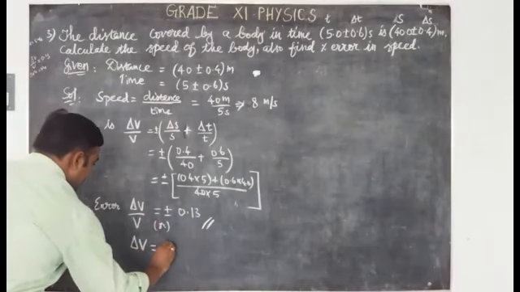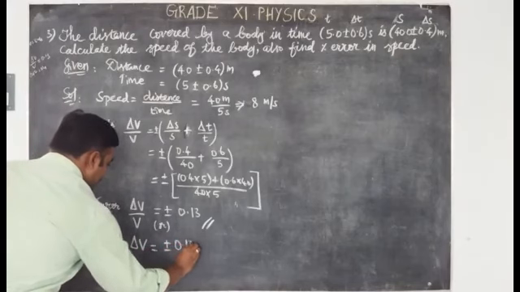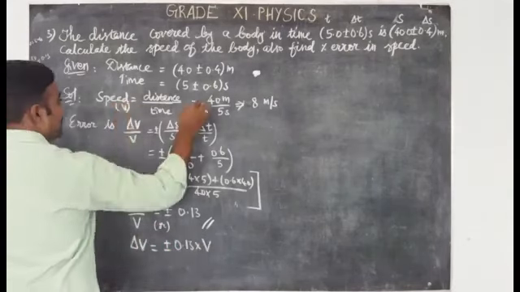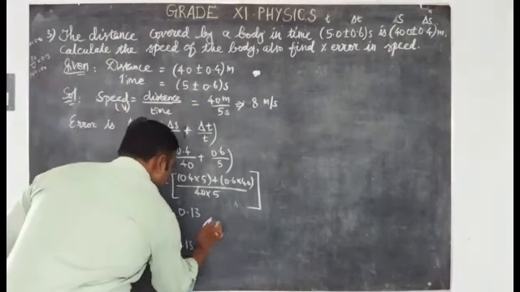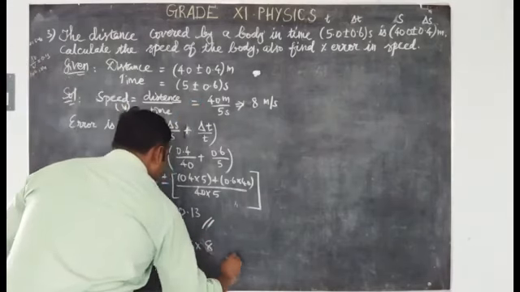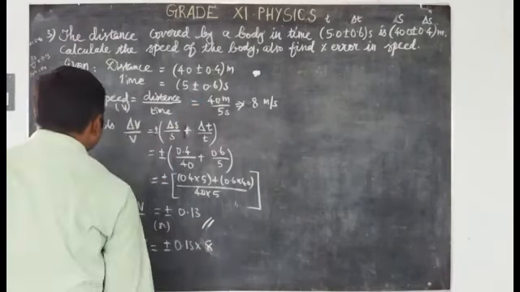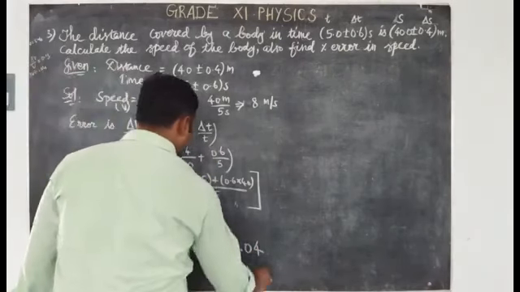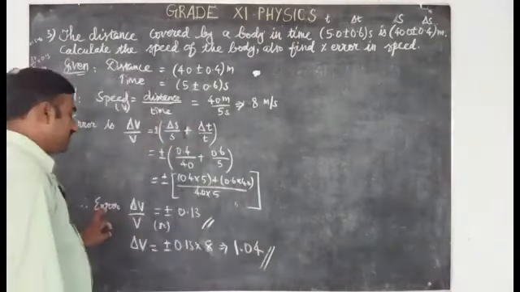So delta V is equal to plus or minus 0.13 into V. V is the speed. What is the speed? Speed is 8 meter per second. So 8 times 0.13 is equal to 1.04. Yes, 1.04 is the error in speed.